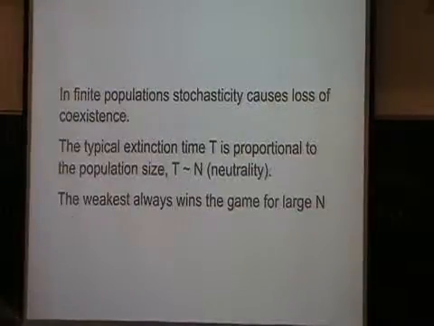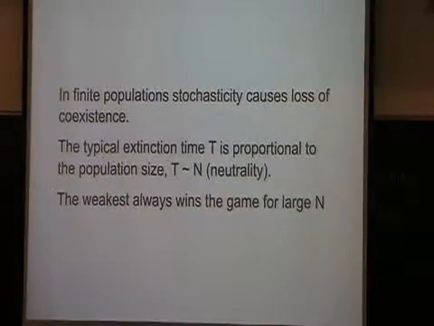So what I want you to remember from this short intuitive look into the stochasticity of game theoretical problems is these three scaling laws: logarithm of n, proportional to n, and exponential in n. For the rock-scissors-paper game, I have a neutral dynamics, so the time to extinction is proportional to n.